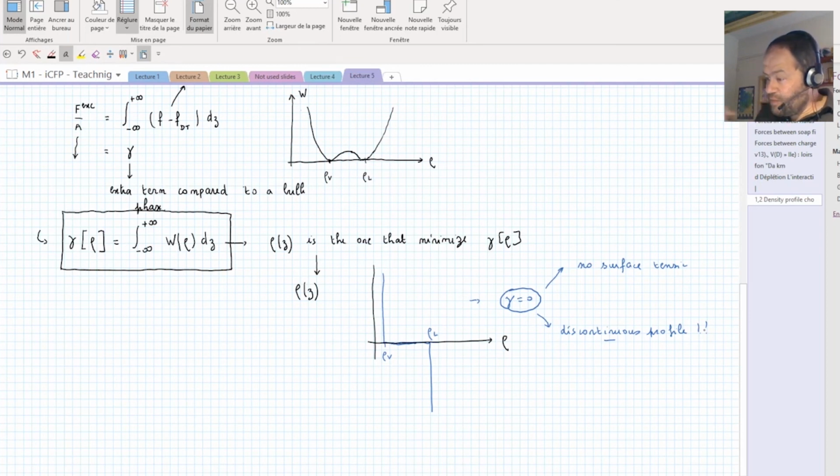Well, so if we work in the local density approximation, we find that gamma is equal to 0.